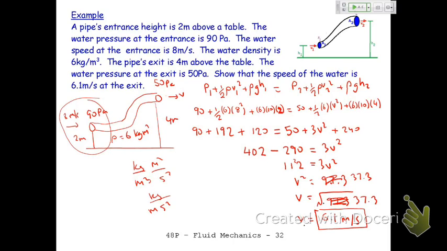Just confirm that that is the same as pressure, which is newtons per meter squared, which equals kilograms meters per second squared divided by meters squared, which is kilograms over meters second squared. So it works out to be the same unit. Just satisfy yourself that it has the same units.